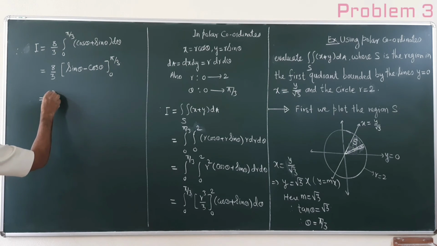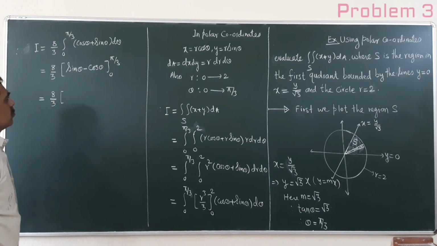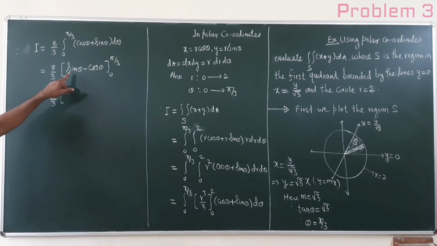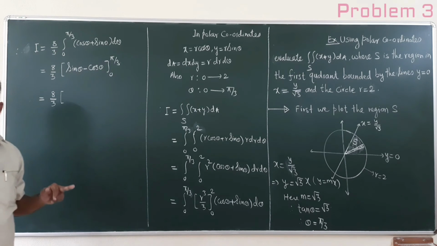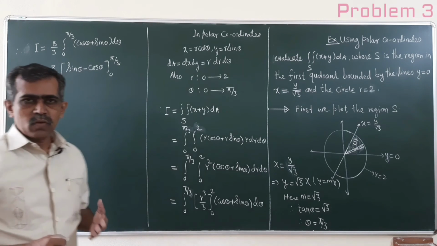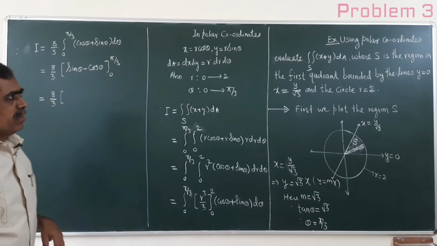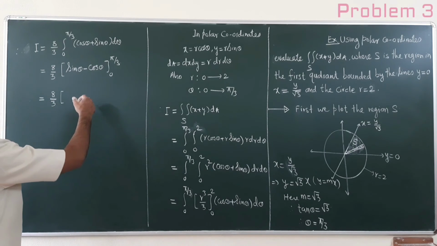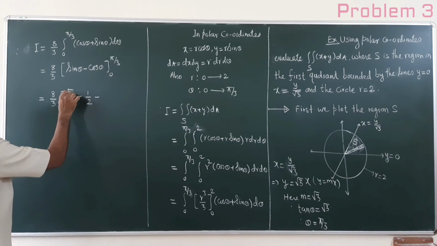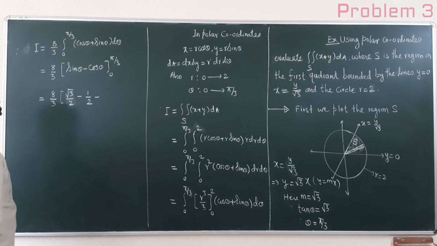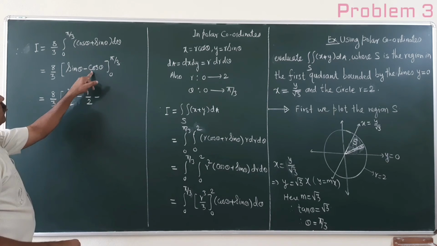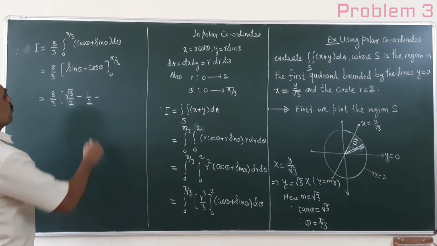This is equal to 8 by 3 into sin pi by 3, sin 60. What is sin 60? Yes, it is root 3 by 2, and cos 60 is half.